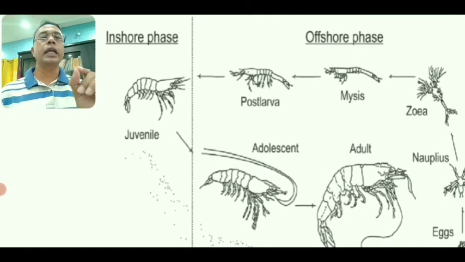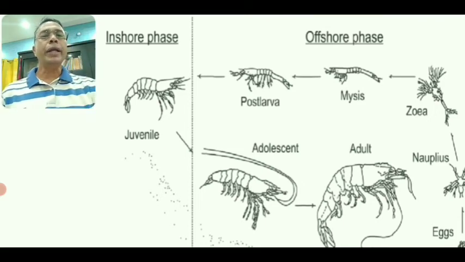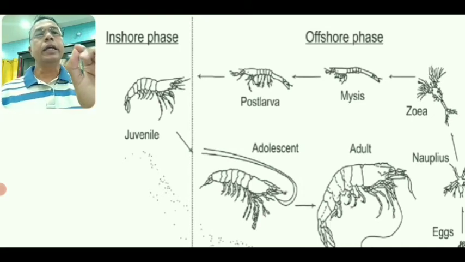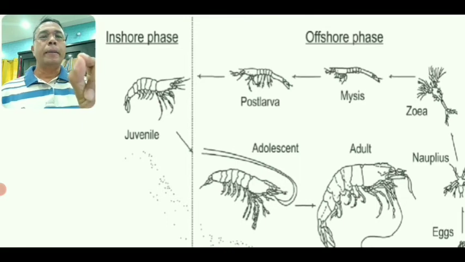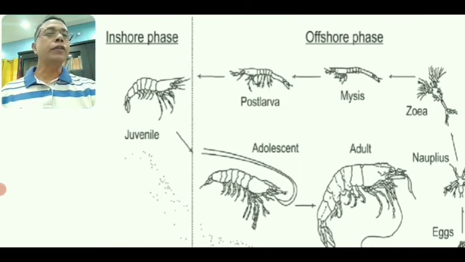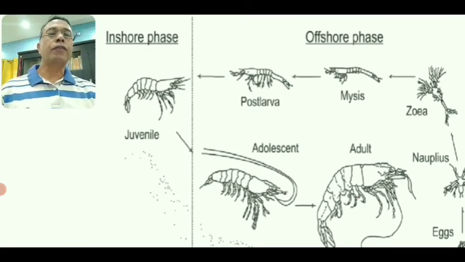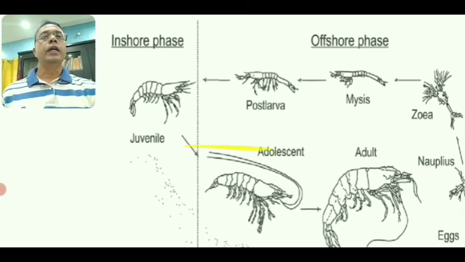Here in this slide you see the inshore phase and offshore phase. Juveniles are found at the sea near the shore, whereas all the other forms, that is the nauplius, zoea, mysis, post larva, adolescent and adults, are found offshore, far from the shore. Is it clear?